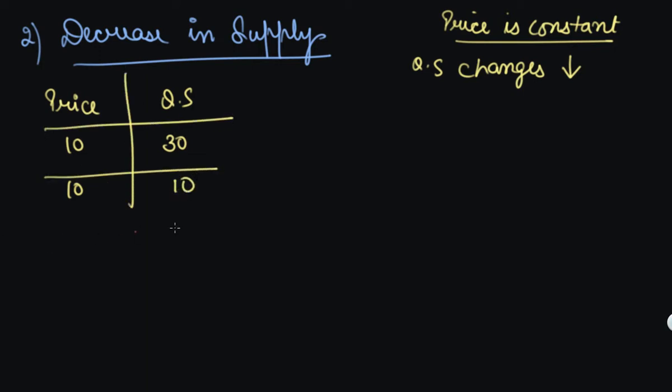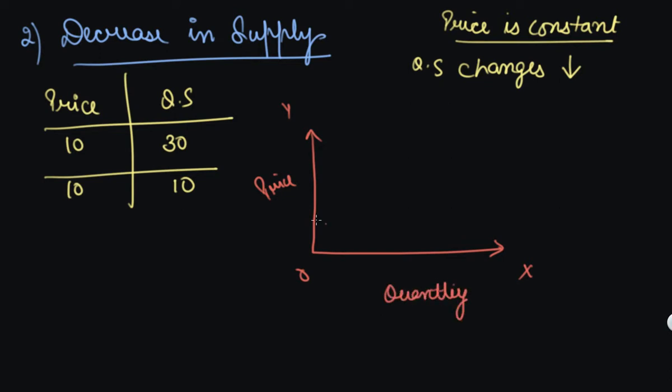Let us plot this on a graph. Price, and quantity supplied. The price is 10, constant, and the quantities are 10, 20, 30. Your quantity supplied was first 30 and now it is 10.